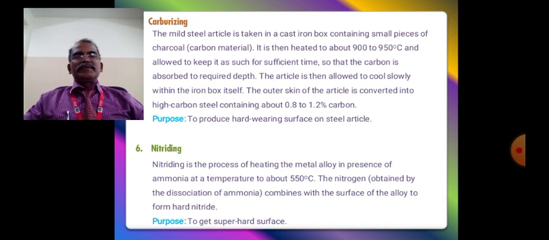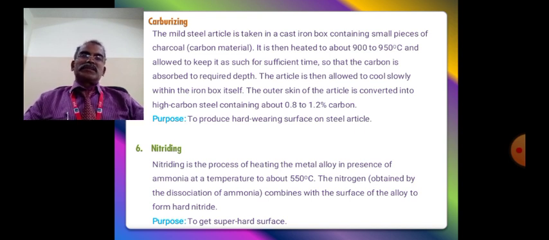Nitriding is a process of heating a metal alloy in the presence of ammonia at a temperature of about 550 degrees centigrade. The nitrogen is obtained by the dissociation of ammonia into nitrogen and hydrogen.